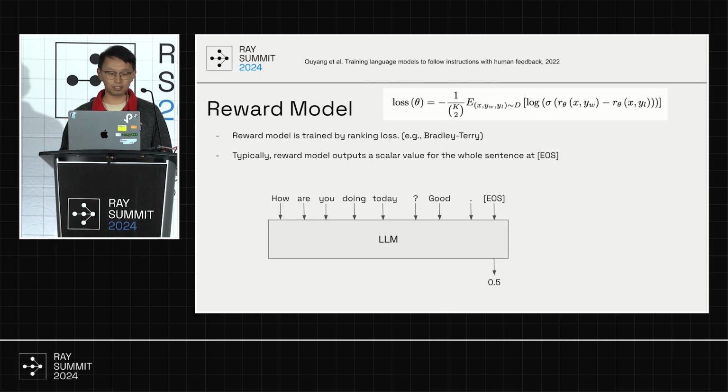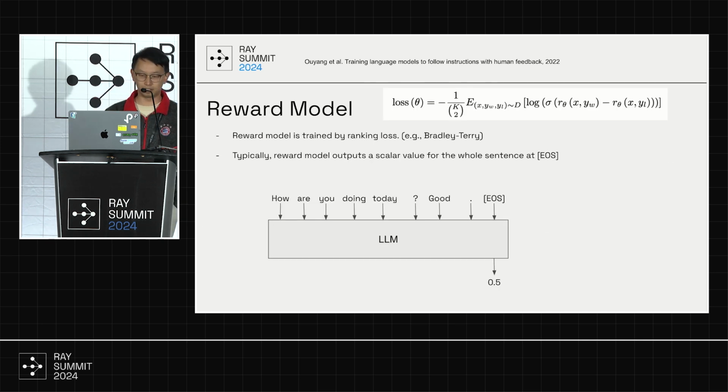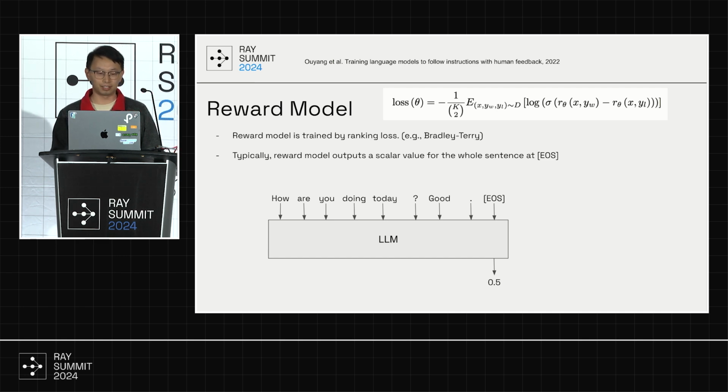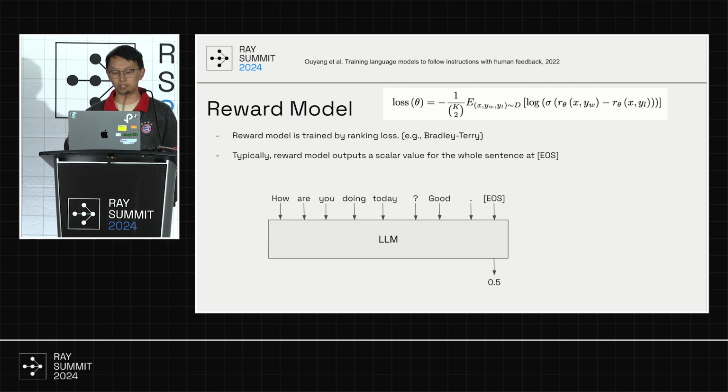Another thing that I want to talk about is the reward model. The reward model is basically another large language model, and I just give the whole sentence to the LLM, and it outputs a single value saying what the score of this sentence is.